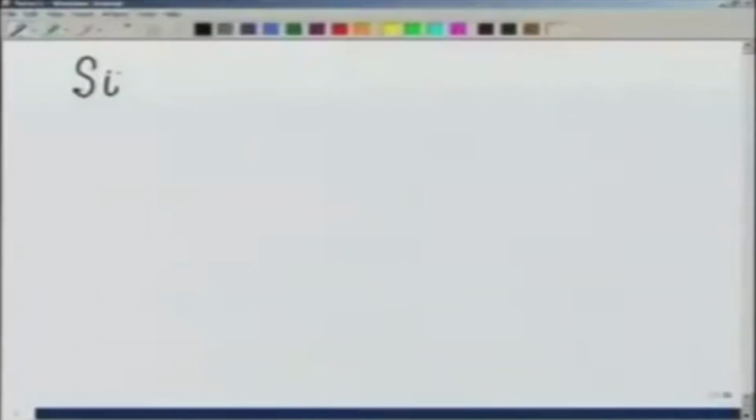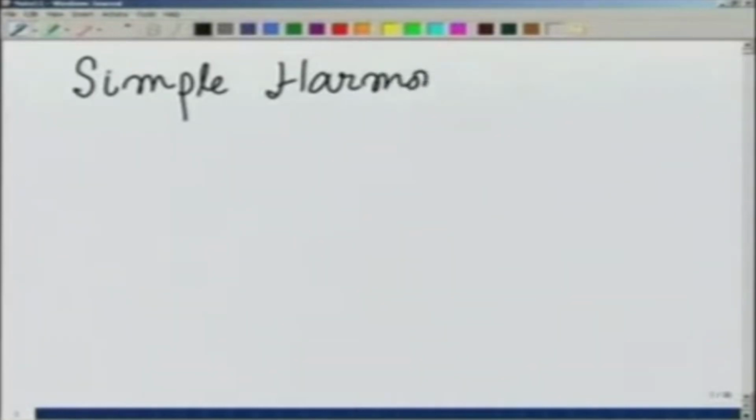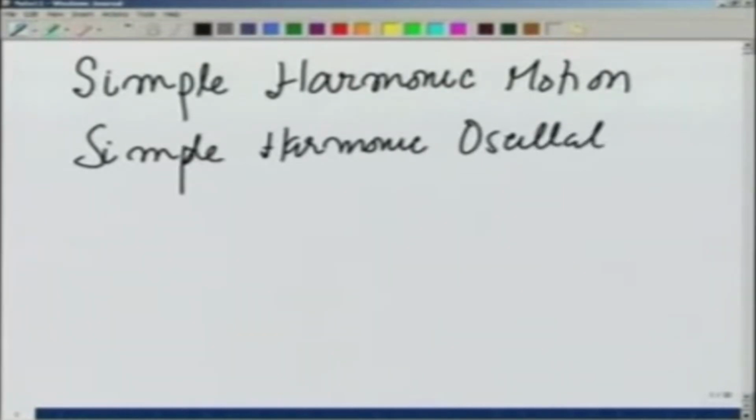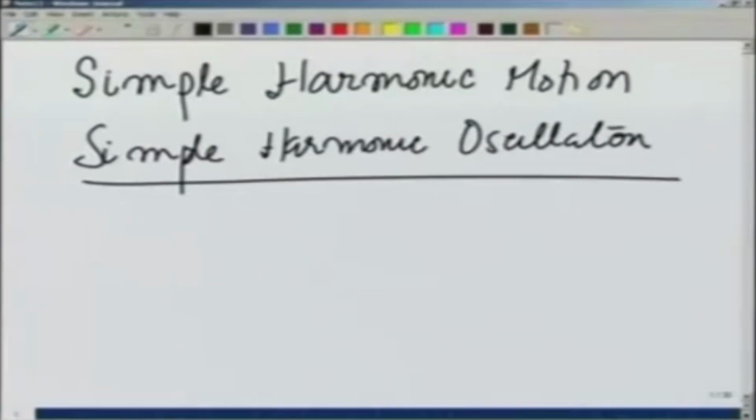It is known as simple harmonic motion or simple harmonic oscillation. And let us see how it comes about.